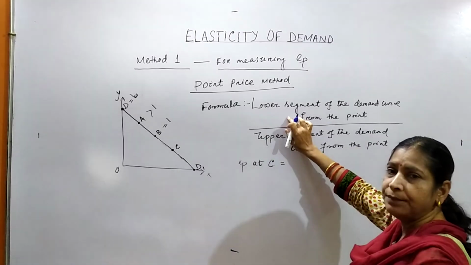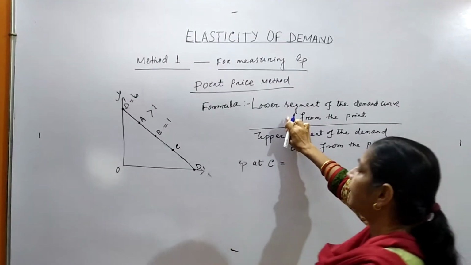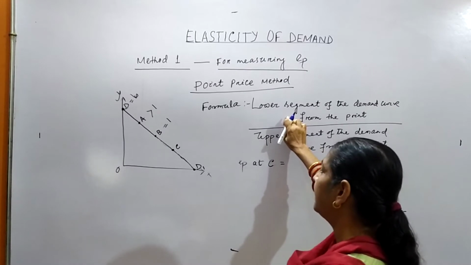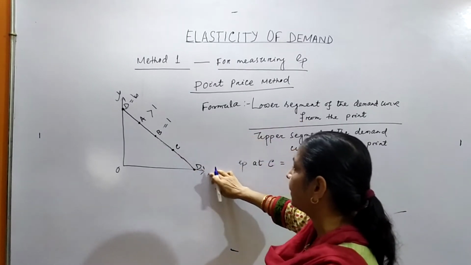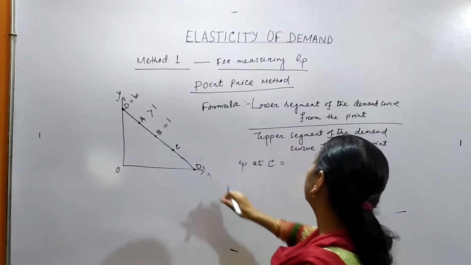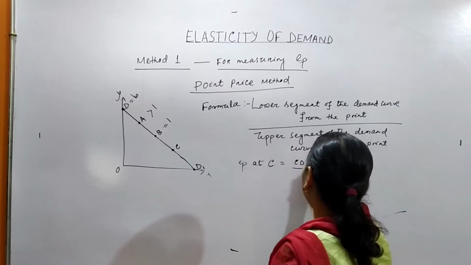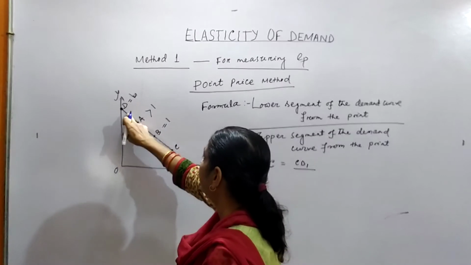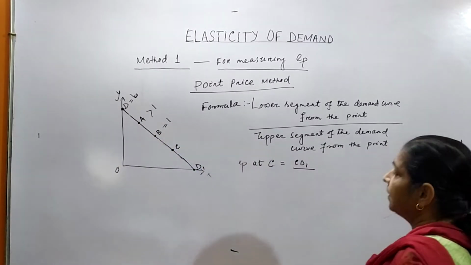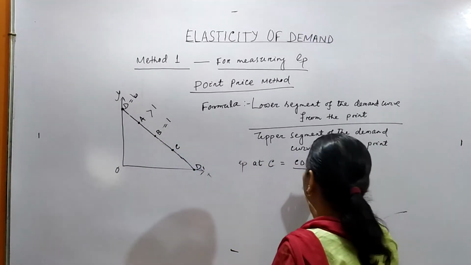Again we have to apply this formula, lower segment divided by upper segment. C से lower segment कितना होता है? C से D1 तक. So lower segment is CD1. Upper segment C से D तक होता है. So upper segment is CD.